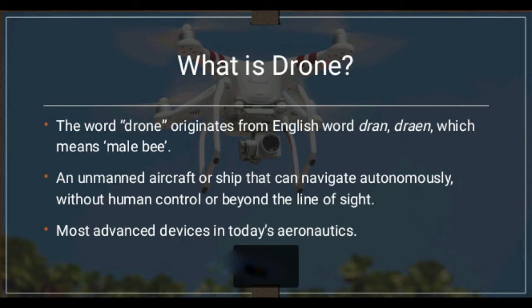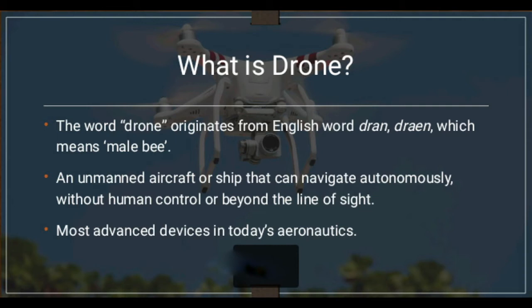The word drone has several different meanings and it originates from the Old English word dran or dreen, which means male bee. When talking about a drone as an electronic device, we often think of a missile or a remote-controlled pilotless aircraft. So what is a drone in the context of an unmanned aerial vehicle?